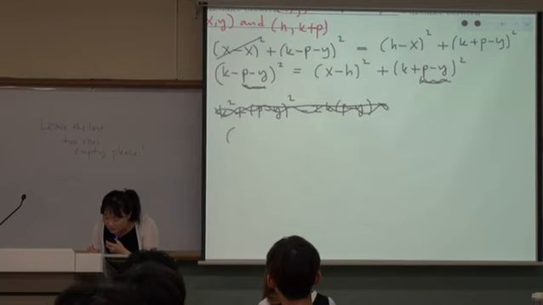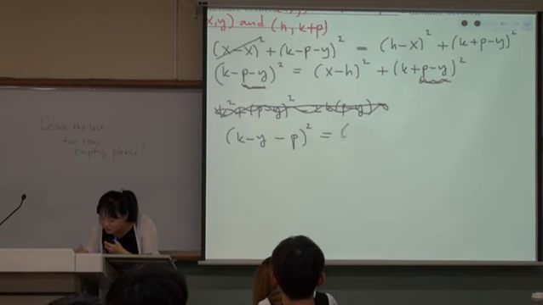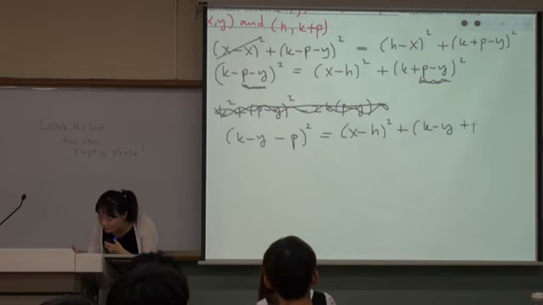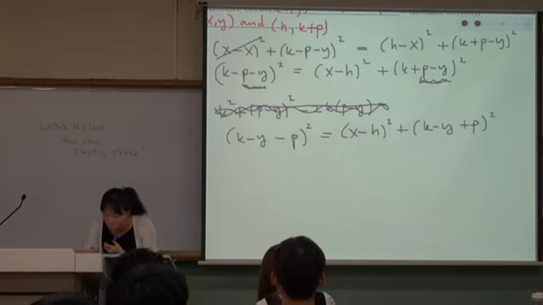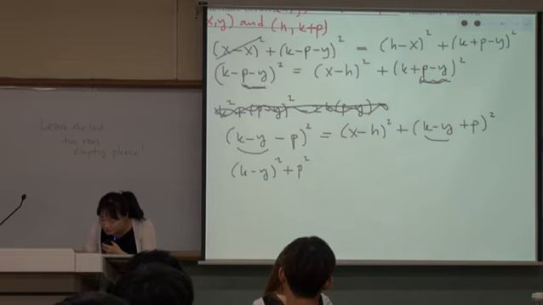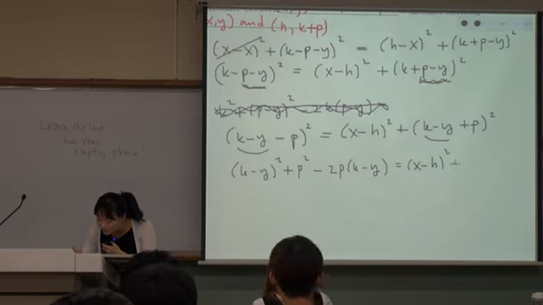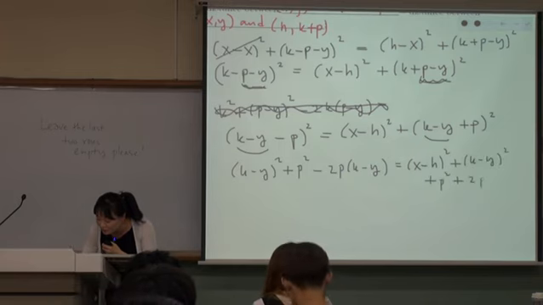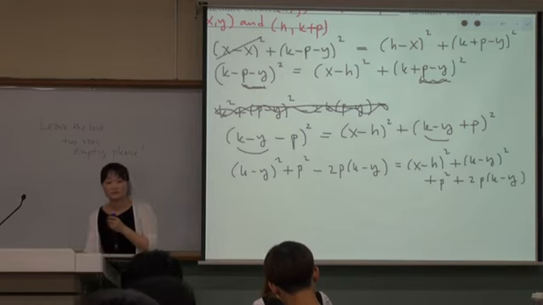So let's write this as (k minus y minus p) squared equals (x minus h) squared plus (k minus y plus p) squared. Fine? So we get (k minus y) squared plus p squared minus 2p(k minus y) is equal to (x minus h) squared plus (k minus y) squared plus p squared plus 2p(k minus y). Yes?